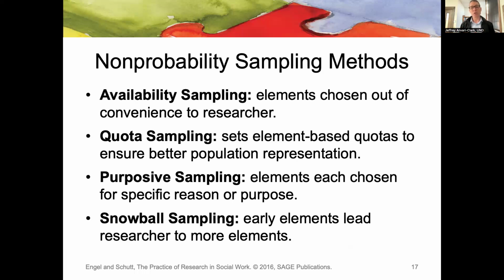Then you've also got snowball sampling, and this is where talking to one person can lead to talking to more people. So maybe you have an interview with one person, and at the end of the interview, they recommend that I interview their friend. All right. But maybe that friend doesn't want to talk to me.